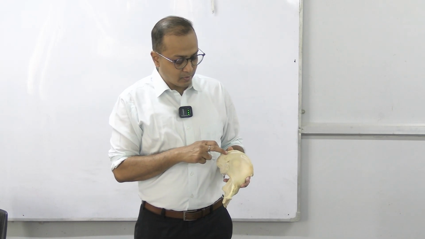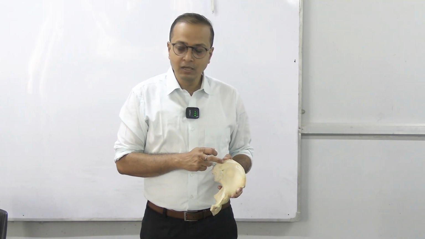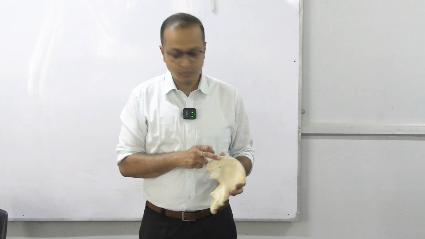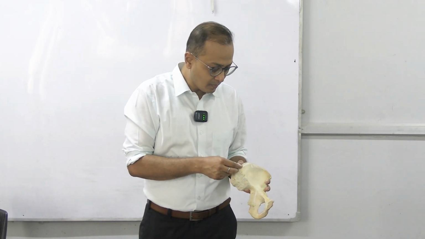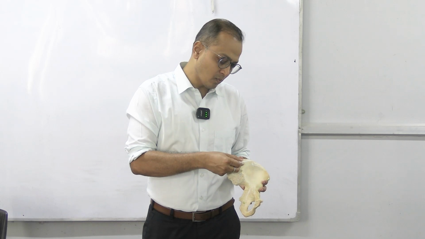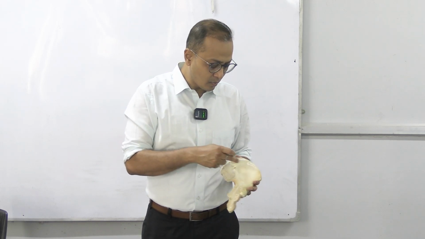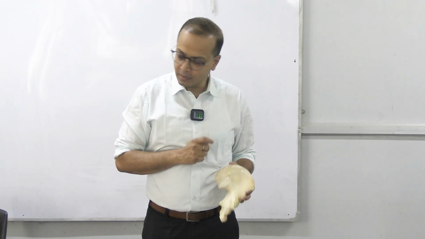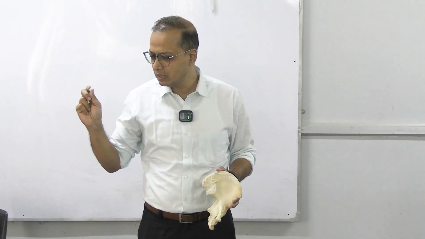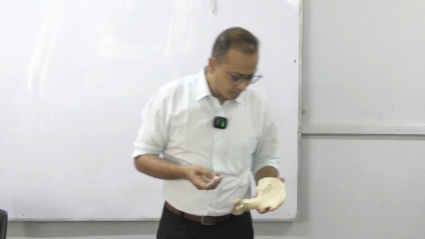Latissimus dorsi is blended with the ligament we call the iliolumbar ligament. This is a strong ligament which makes a boundary of a space. Later on when we study the abdomen, we will talk about it. If you can remember, fine, if not, just let go.